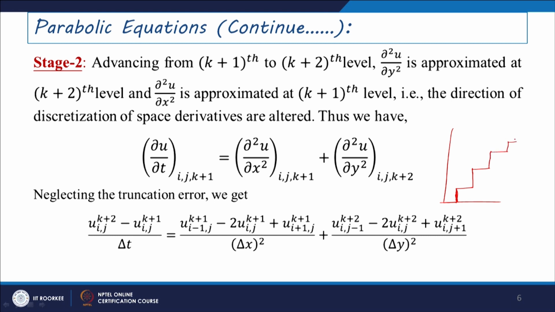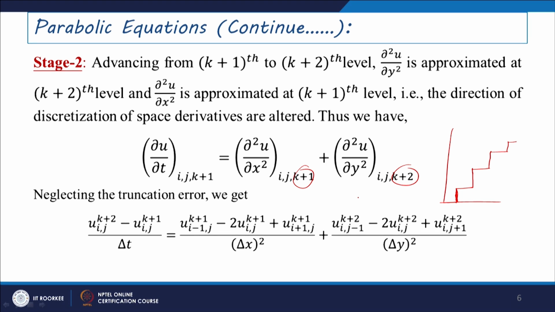So, the direction of this discretization of space coordinates are altered now. Thus, we can write here as del u by del t at ij, k plus 1th level here, and del square u by del x square at k plus 1th level, and del square u by del y square at k plus 2th level here. So, if you neglect the truncation error, then we can write this one as like u_ij^(k+2), since we are considering here this forward difference approximation.